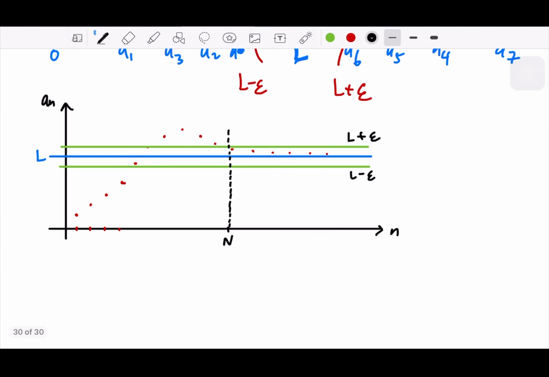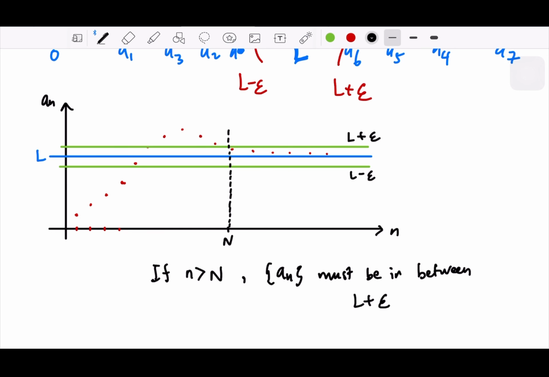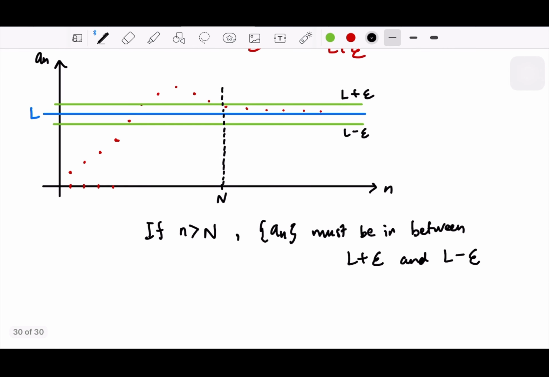So if n is greater than N, then a_n must be in between L plus epsilon and L minus epsilon, or in the interval directly. We can write this.